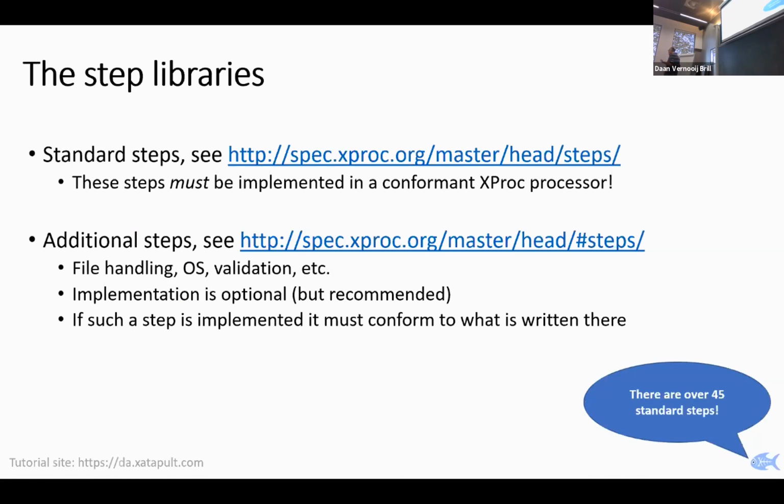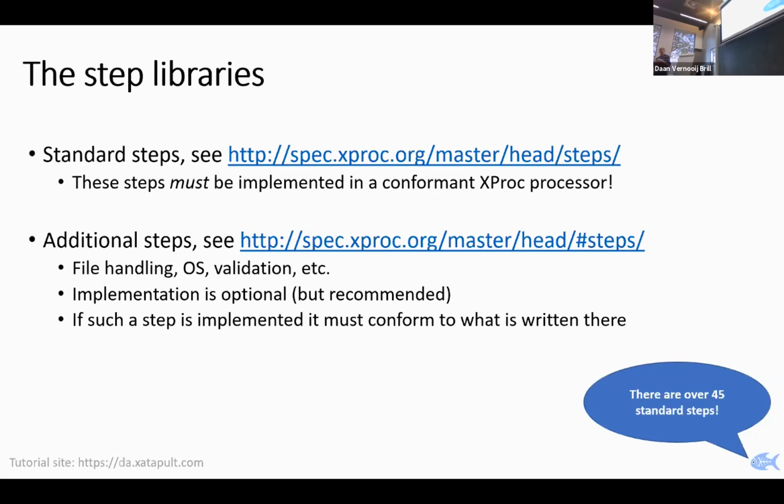p:add-attribute is part of a step library, and there are several step libraries in XProc. One is the standard steps, and all XProc conformant processors must implement the standard steps, otherwise they're not conformant. And there are about 45 steps in the standard step library: add-attribute, insert. We're going to see a few during this tutorial.